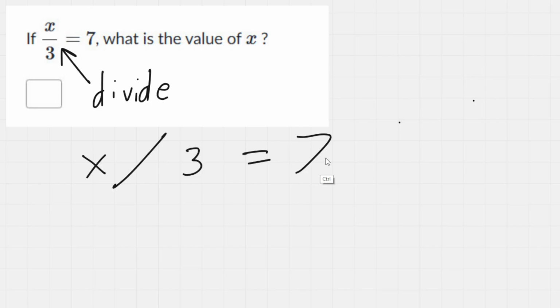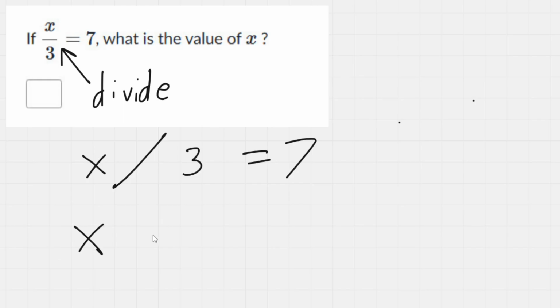Another way to write this, my 7 looks really wonky. Just going to write it. So 7, right? Now, what I'm going to do here is keep rewriting it in a way that makes sense to my students, because this is the same thing. It looks practically the same, but this symbol is just division.